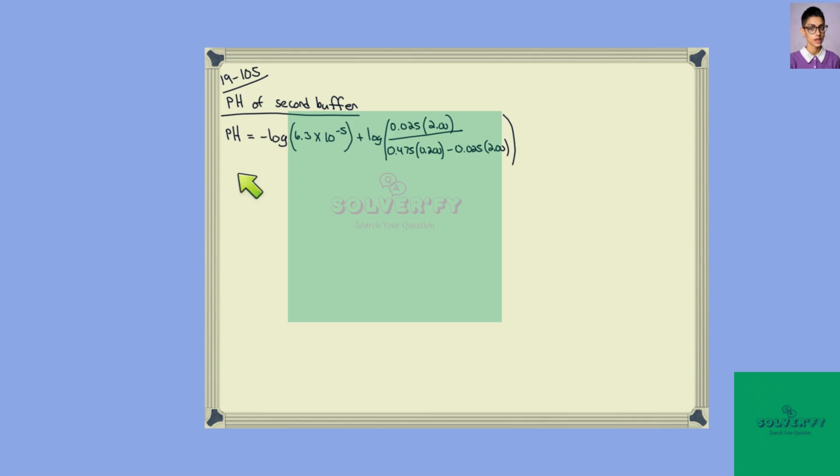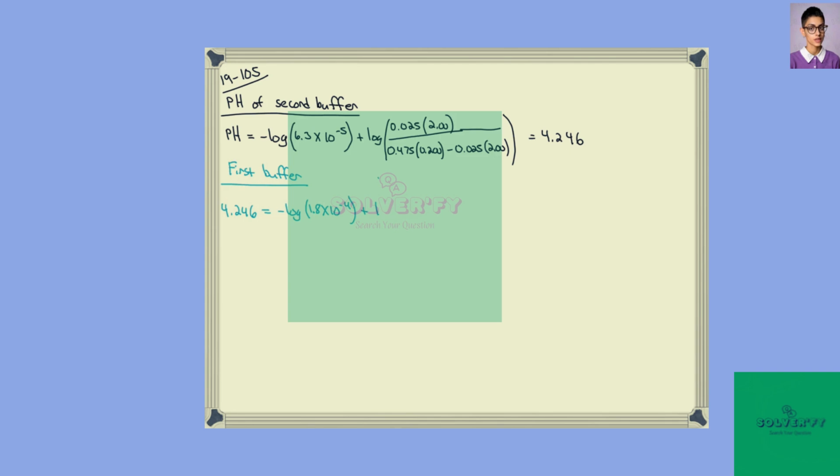So now we have pH equal to pKa plus the log of the moles of the weak base present divided by the moles of the weak acid present after adding the sodium hydroxide, and we get a pH of 4.246.